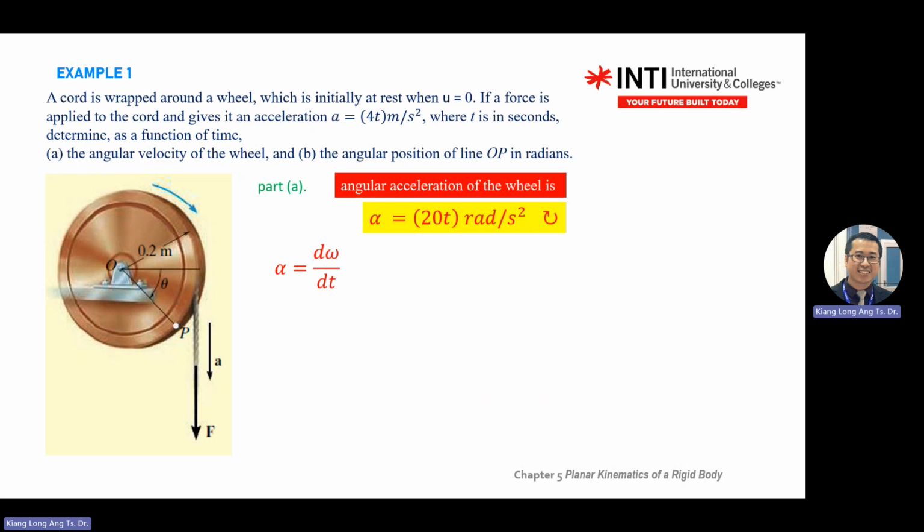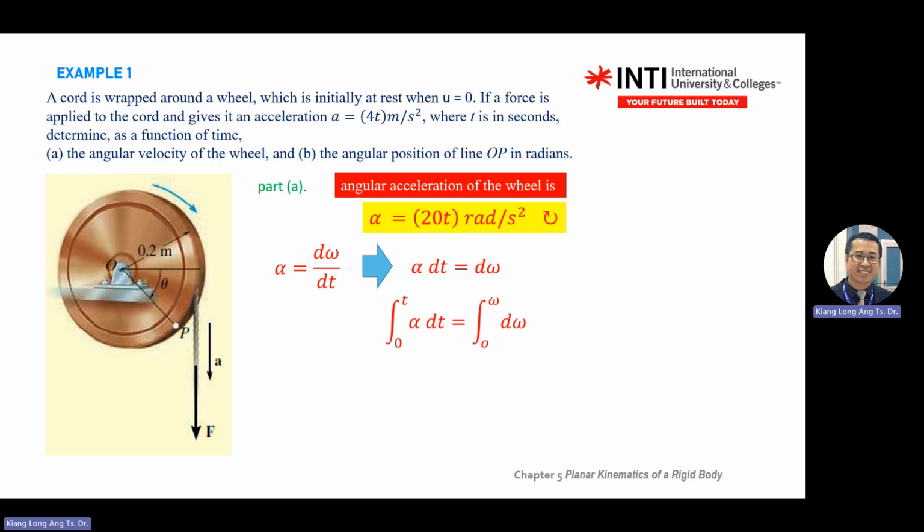Alpha is acceleration in angular form, angular acceleration equal to dv dt, but this one is angular velocity divided by time. You want to find omega, you have alpha, pull your dt to the left, you know what to do: integration.